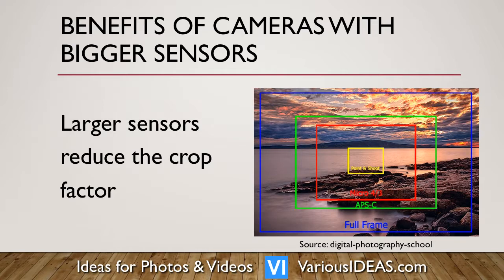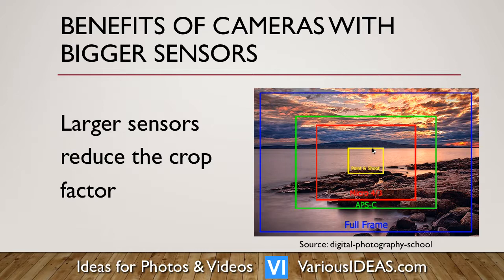Also, large sensors actually reduce the crop factor. When you buy a Micro Four Thirds camera, standing in the same spot, you will only see around this amount of space. Smaller cameras like point and shoot cameras see even less, and the phone is even smaller, maybe only around here.